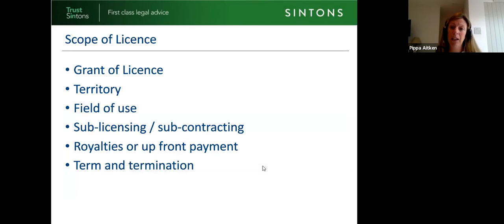As for the scope of a license, generally it's a legal document and you would usually get the help of a legal advisor to draft this, but here are some things to watch out for when you're negotiating with a licensee or a licensor. Obviously, you've got to get the grant right. What type of license are you going to choose? You might want to limit it to a certain territory. This might be the UK, or it might be other countries throughout the world.